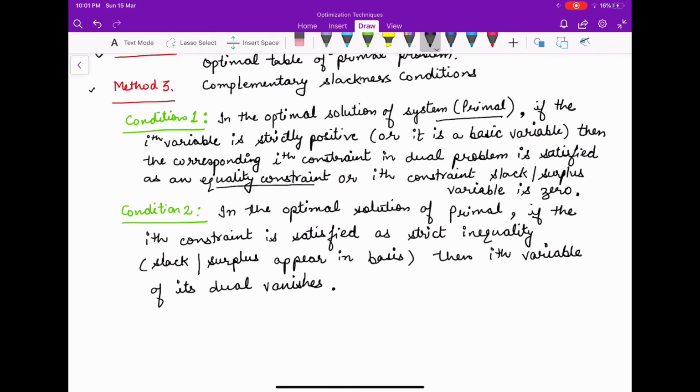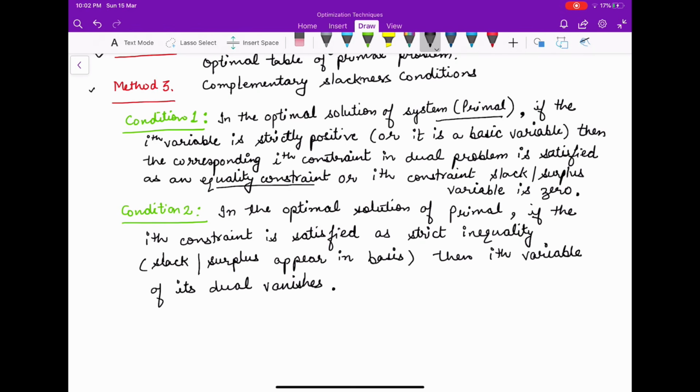So in condition 1, if the original variable appears in the basis, then the corresponding slack surplus variable in the dual problem is 0. So this gives a relation between the original variable and slack variables. Condition 2: in the optimal solution of the primal, if the ith constraint is satisfied as a strict inequality, then the corresponding ith variable of its dual vanishes, or it becomes 0.